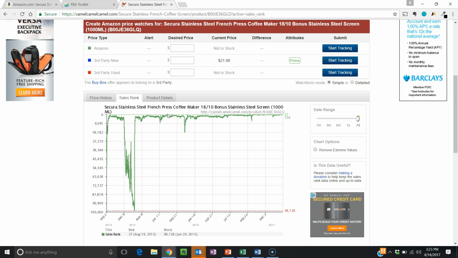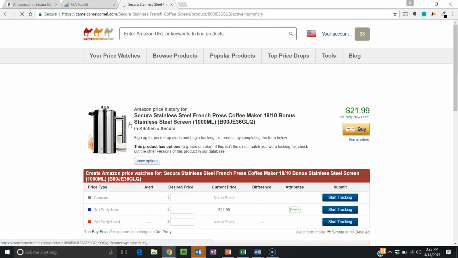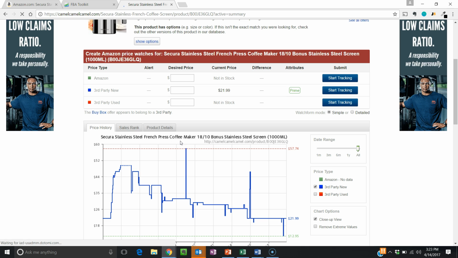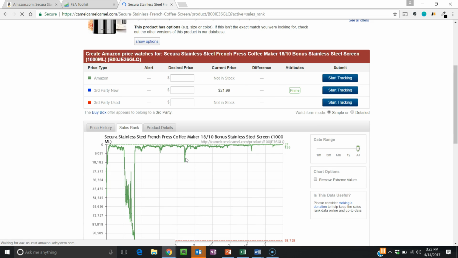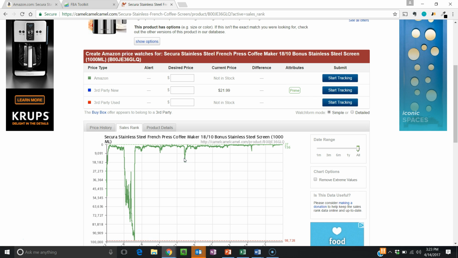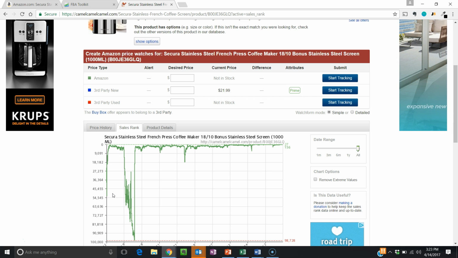And over here, this might correspond to the increase in price on the price history tab. Maybe they were starting to run low, so they increased the price, which slowed down their sales. If you have fewer sales, the number for your bestseller rank gets bigger, which means, of course, you have a lower bestseller ranking.